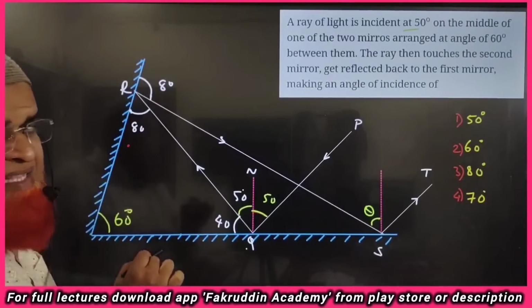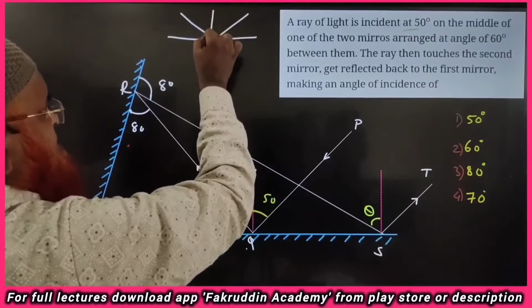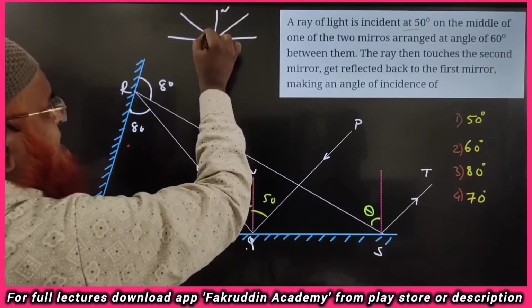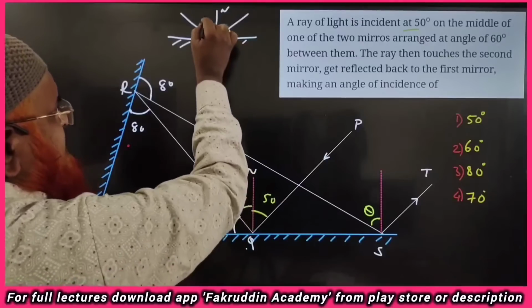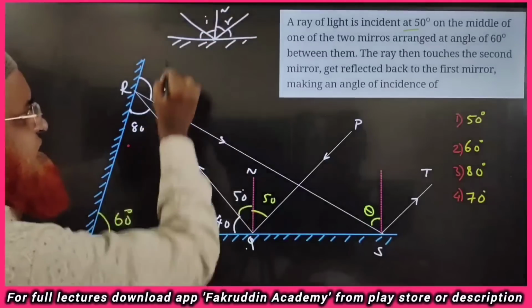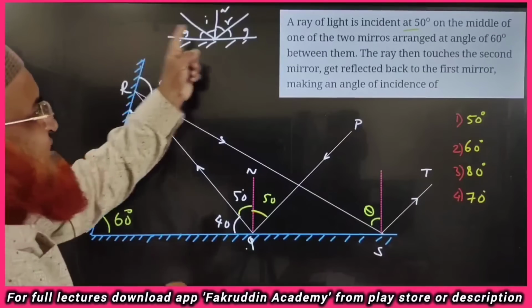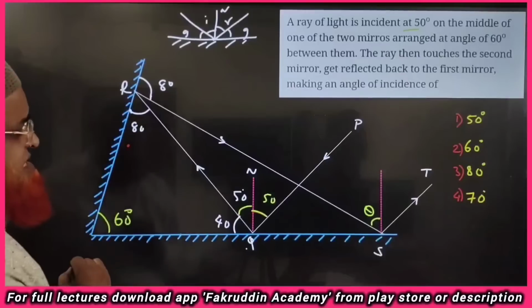Because these two are called glancing angles. What does it mean actually? So this is a normal here, this is a mirror. This is the angle of incidence, this is the angle of reflection. These two angles are called angles of glancing. These two glancing angles are always the same. That means this is 80 means this is 80.